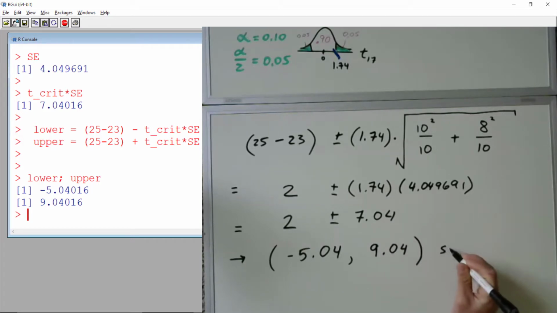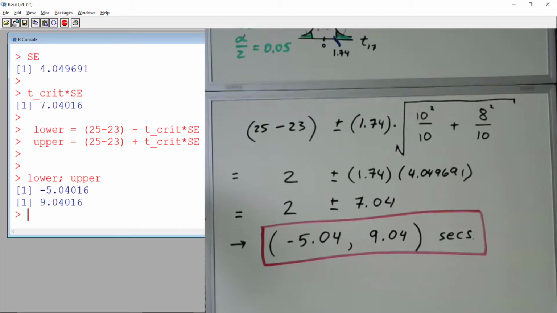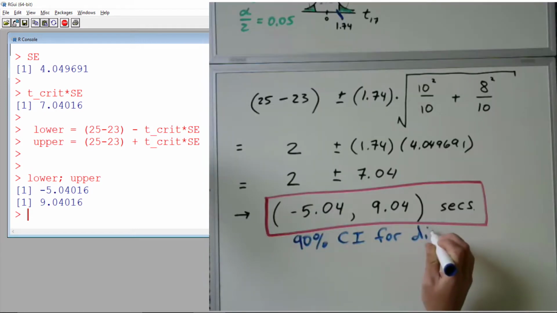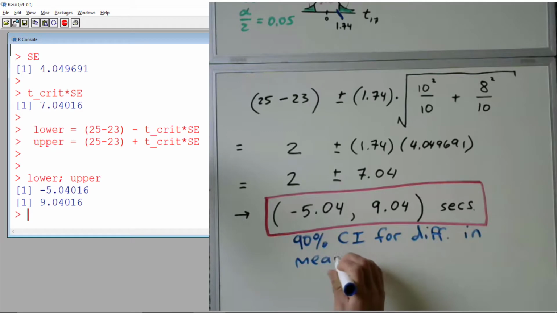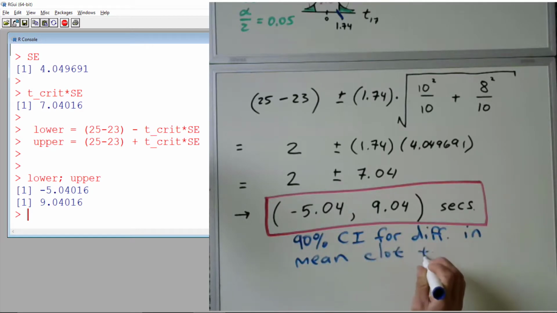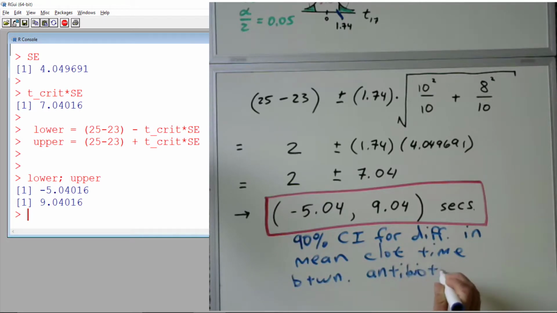And this was in seconds, right, for the clot time. So there's our 90% confidence interval for the difference in mean clot time between the antibiotic group and control group.